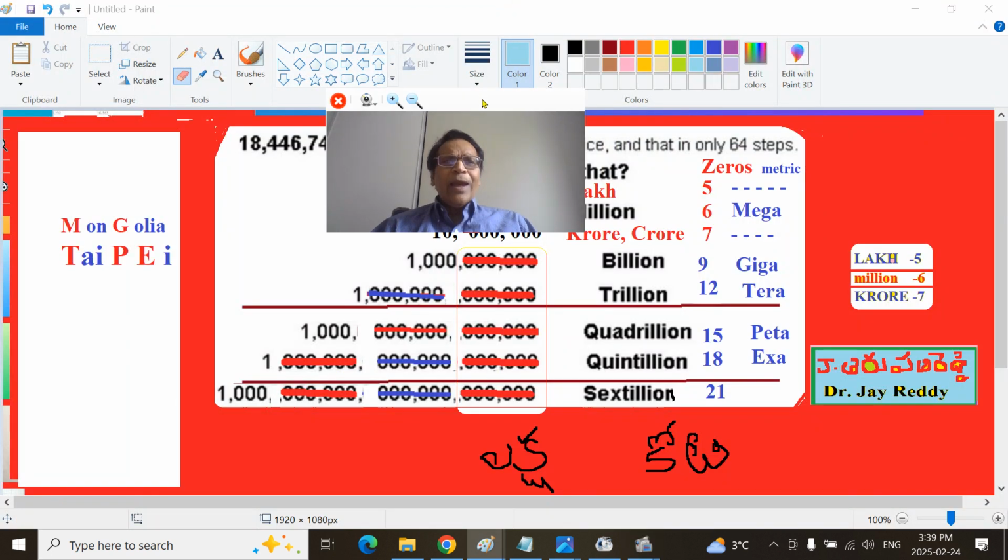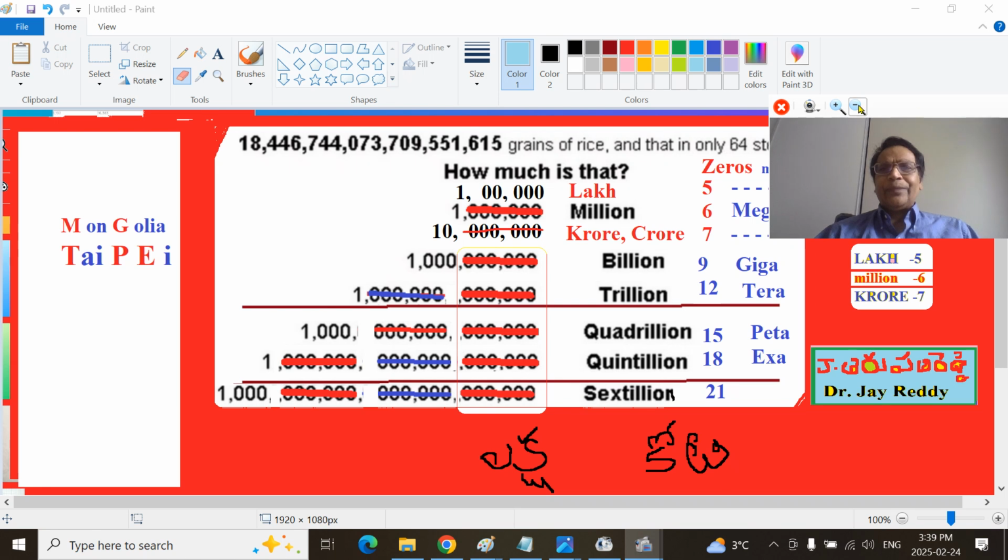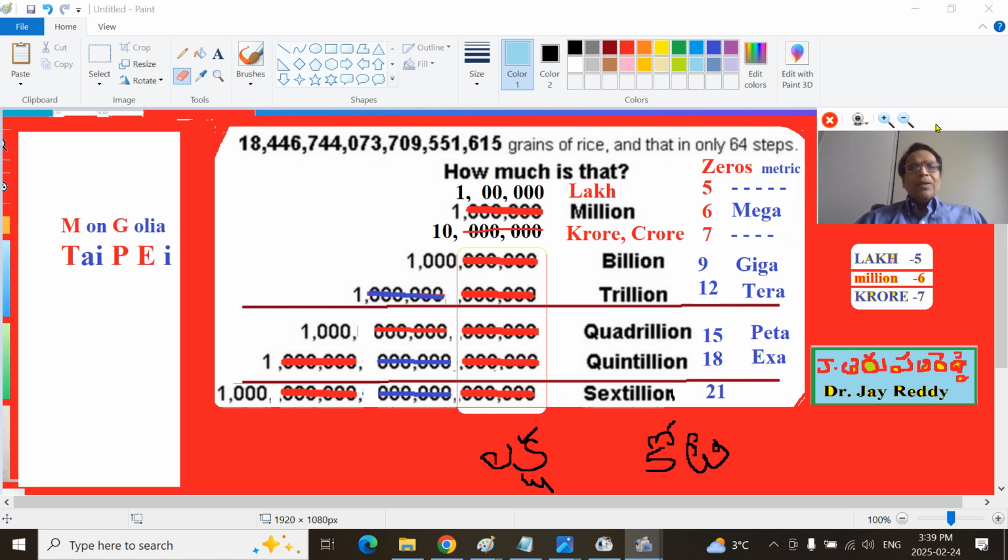Here I made things a little easier for you. The ones I have put the strike mark on are 6 zeros. Remember, 6 zeros is a million, that is the standard one.